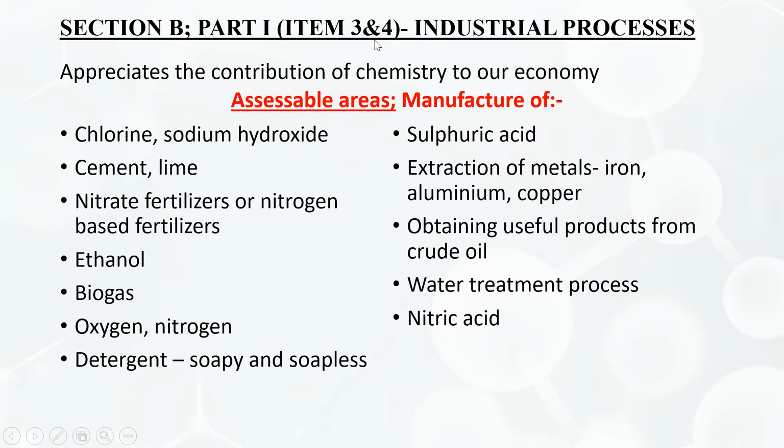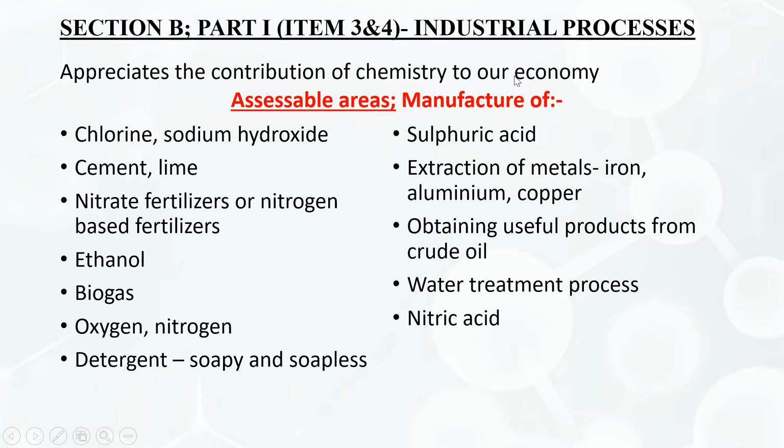Now, section B, part 1 is about industrial processes. Now, there is a challenge. Whenever I talk about industrial processes, learners run to senior 4. Yet from senior 1, we are looking at industrial processes. These items come from this element of construct which says, the learner appreciates the contribution of chemistry to our economy.